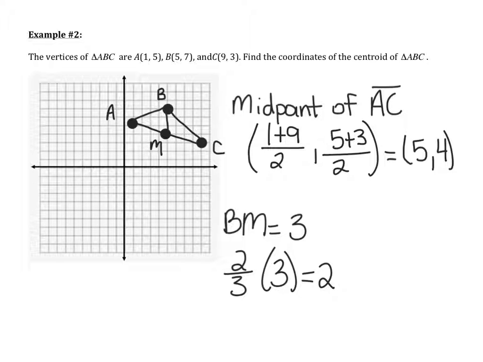So that would put me at this point right there. And remember, we were supposed to find the coordinates of that point. So I would count to the right 1, 2, 3, 4, 5, and up 1, 2, 3, 4, 5. So the coordinates of the centroid would be (5, 5).